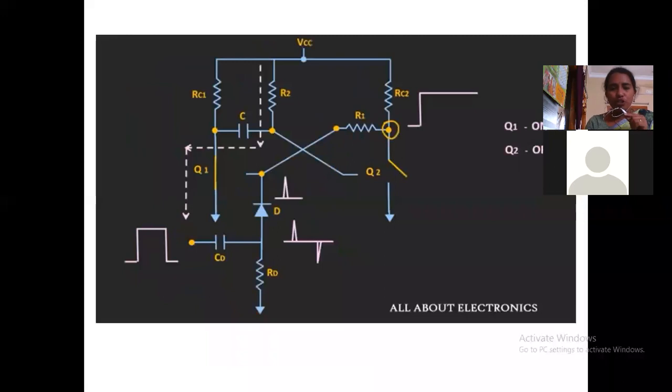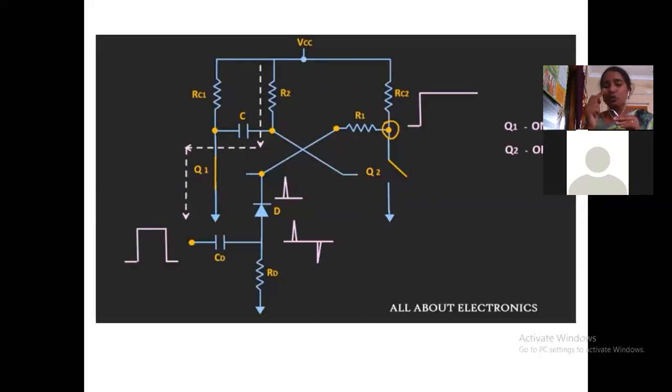Now you are giving positive trigger pulse to the base of Q1 transistor. By giving positive trigger pulse, transistor Q1 entered into the conducting state, that is Q1 is in saturation mode, right? When the transistor is in saturation mode, output voltage is VCE sat, right? In the previous stable state, output voltage of Q1 is VCC.